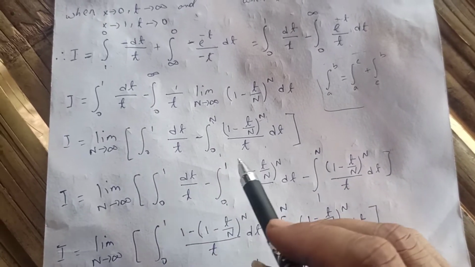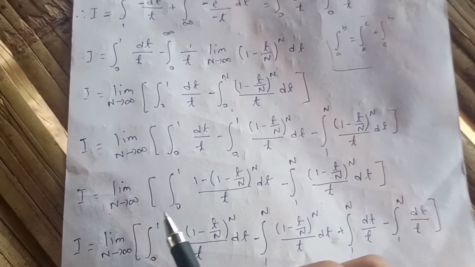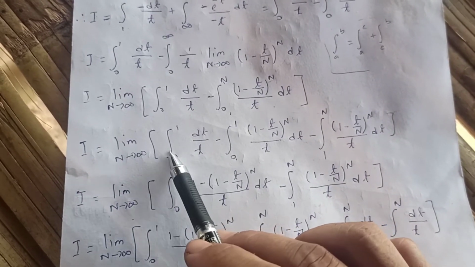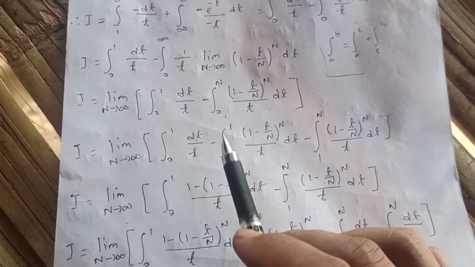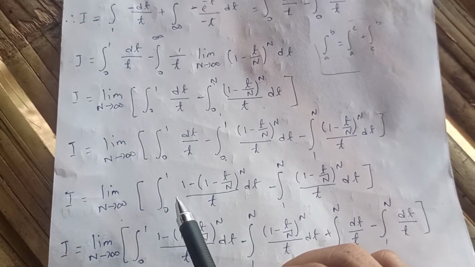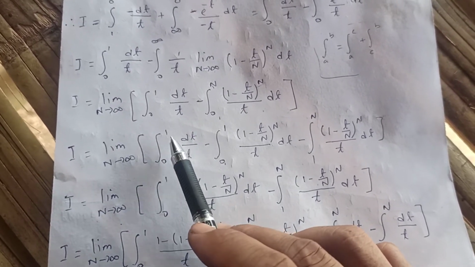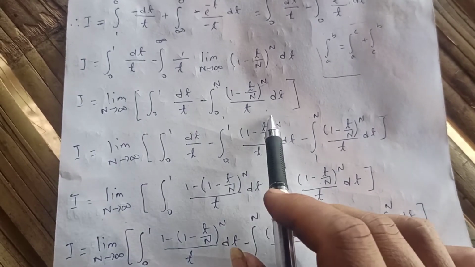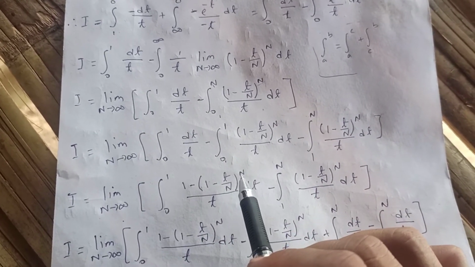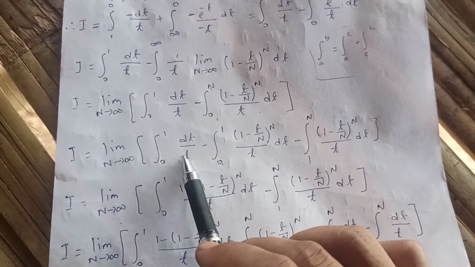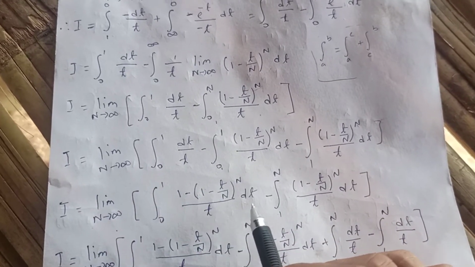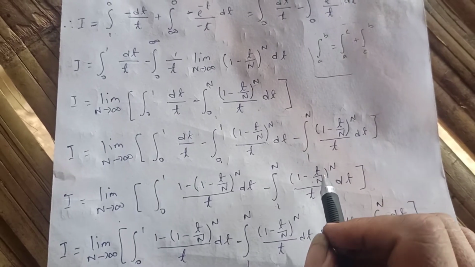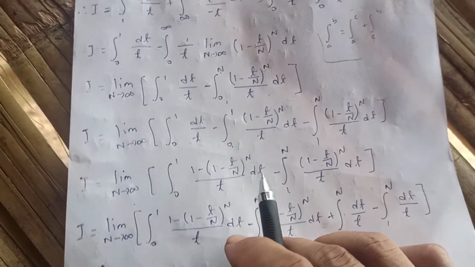Since the first two integrals have the same limits, let's combine them: the integral from 0 to 1 of (1 - (1 - t/n)^n) over t dt, minus the integral from 1 to n of (1 - t/n)^n over t dt.